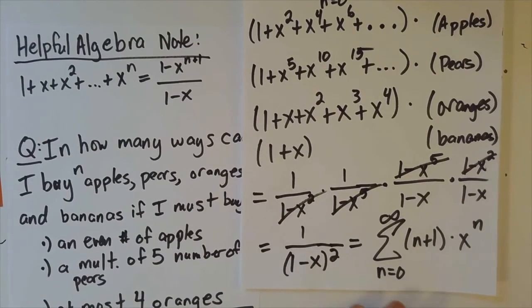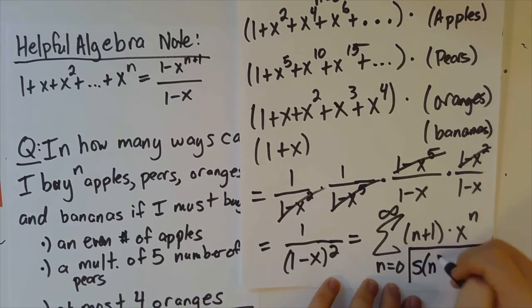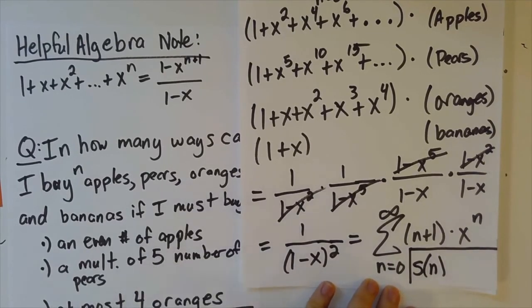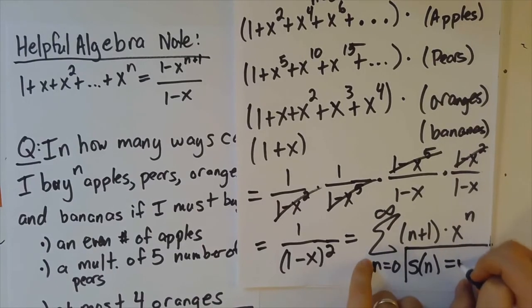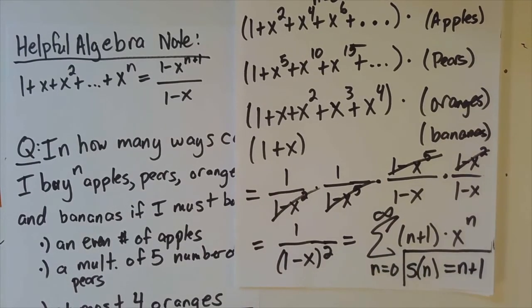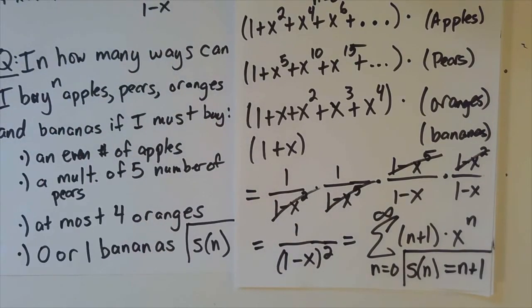What this tells us is that the number of ways to purchase n pieces of fruit is exactly n plus 1. For example, if I want to purchase 10 pieces of fruit, you can check there are 11 ways I can do that following these rules, which is kind of fascinating.